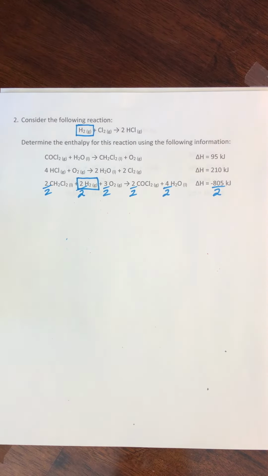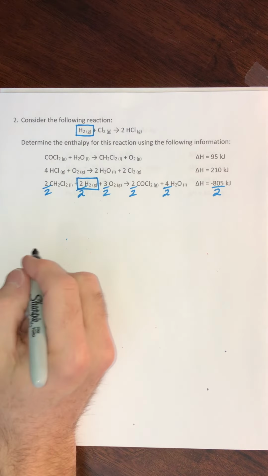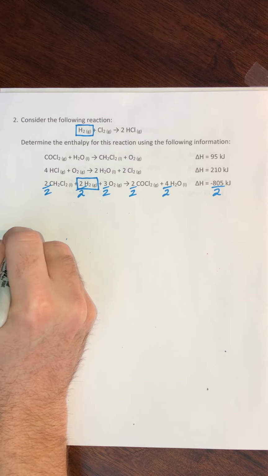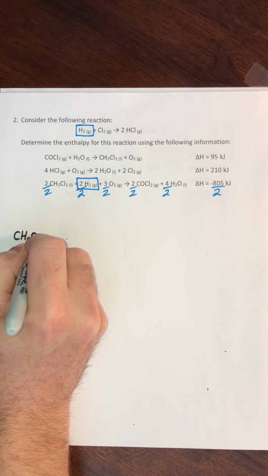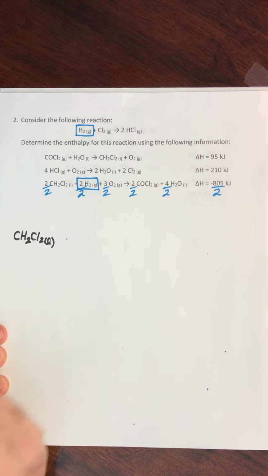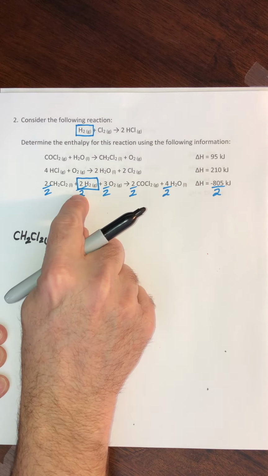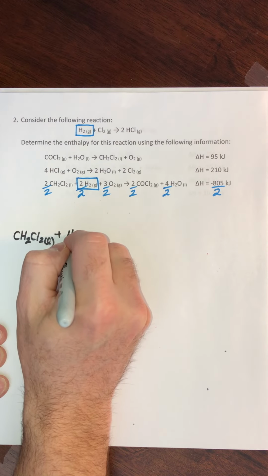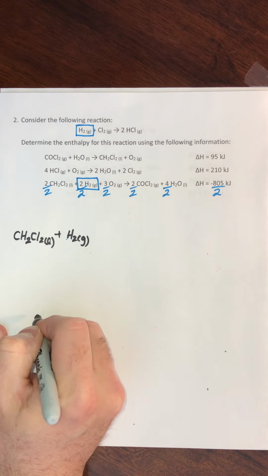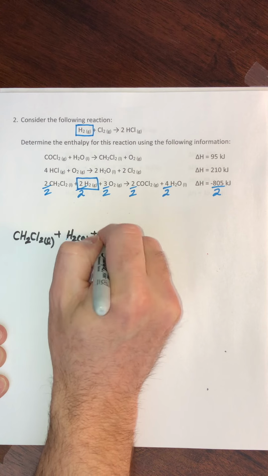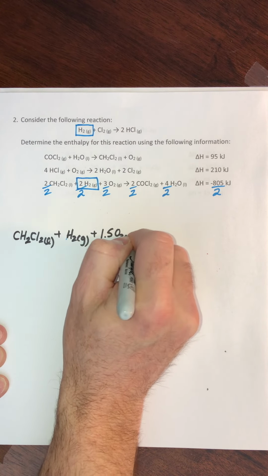Okay, so I'm going to rewrite that because I like rewriting them. 2 divided by 2 gives me 1. So CH2Cl2, and a liquid is important. 2 divided by 2 is 1, so that gives me an H2 gas. 3 divided by 2 is 1.5 O2 gas.